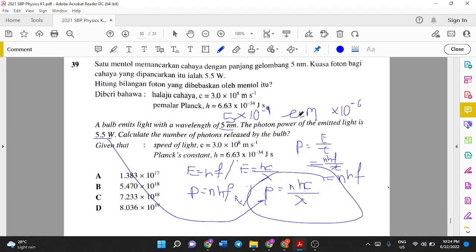So nano is negative 9, micro is negative 6. The answer is 5.5 times 5 nanometer divided by Planck's constant divided by the speed of light, and you will get 8.